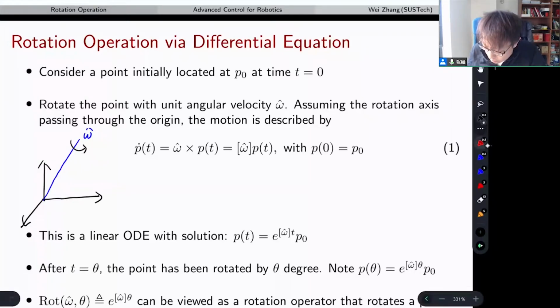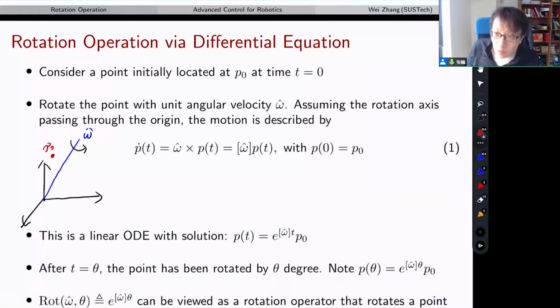Initially we are here; this is our initial point, P of 0. Let's say this point follows this rotation motion, and its motion is described by a linear differential equation. At any given time, it's at P of t.